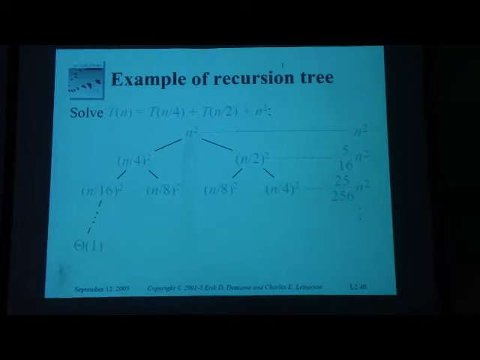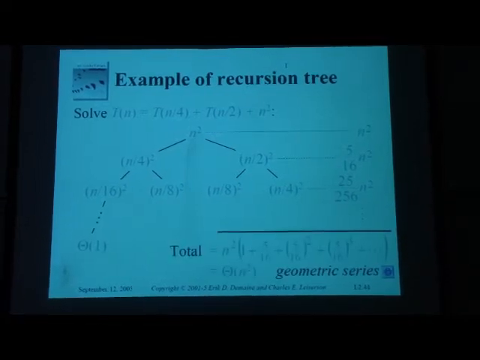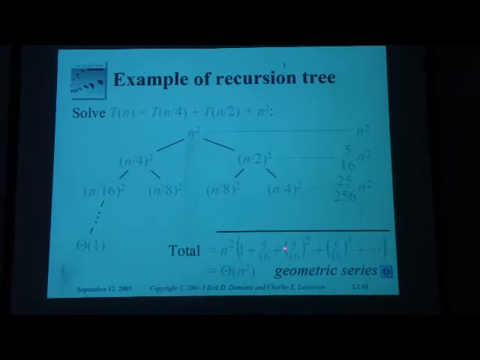And the reason I don't care is because I'm starting to see something very exciting, and that is, this is actually a geometric sequence with a ratio of 5/16. So if I have 1 plus 5/16 plus 5/16 squared plus 5/16 cubed, that is going to be 1 minus 5/16 to a big number over 1 minus 5/16.